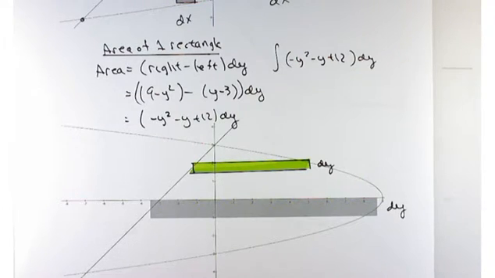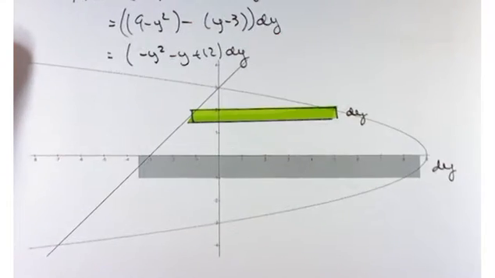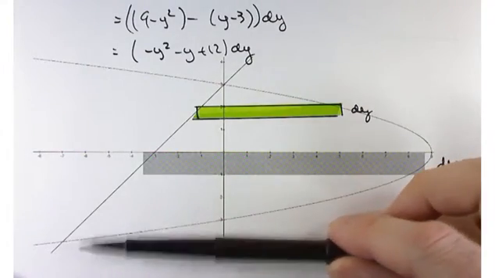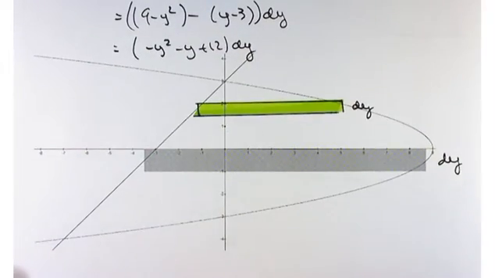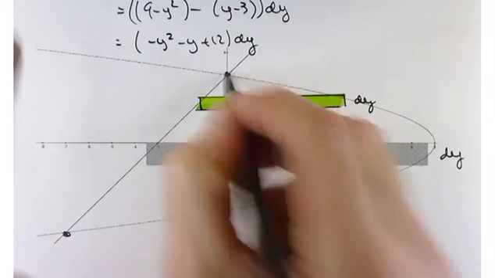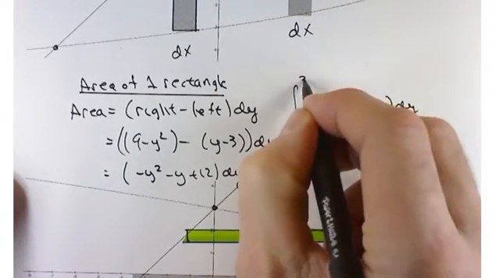What should my limits of integration be? Well, keep in mind that I'm integrating with respect to y. So what's this point down here? Negative 4. What's this point up here? 3. So my integration should be from negative 4 to 3.